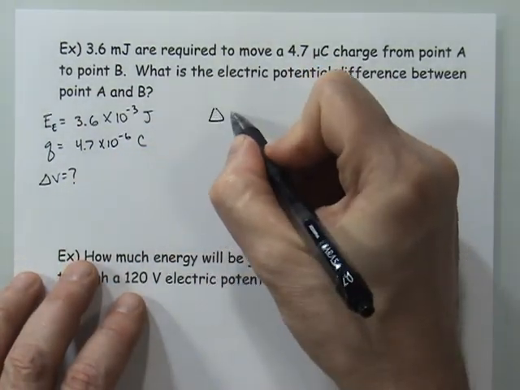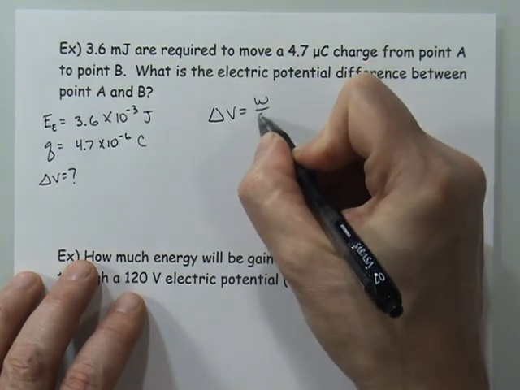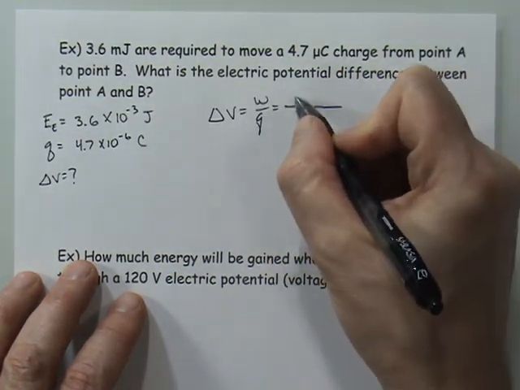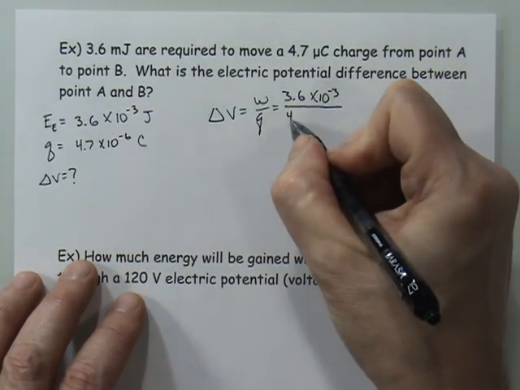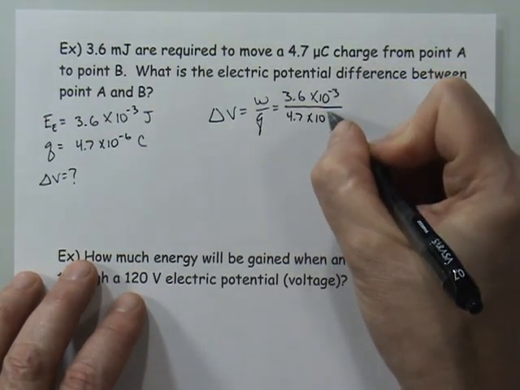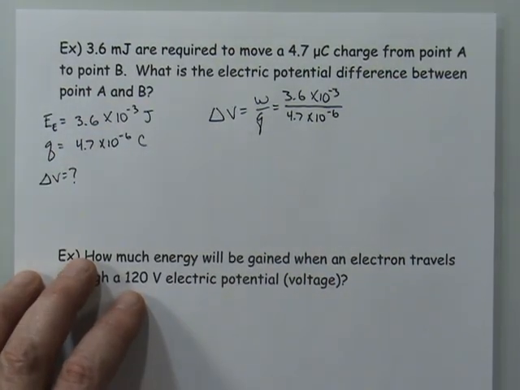Okay, so in this case, pretty simple equation. So it's W divided by Q. We don't need to do any algebra. It's 3.6 times 10 to the minus 3 divided by 4.7 times 10 to the minus 6. Bring out the calculator.